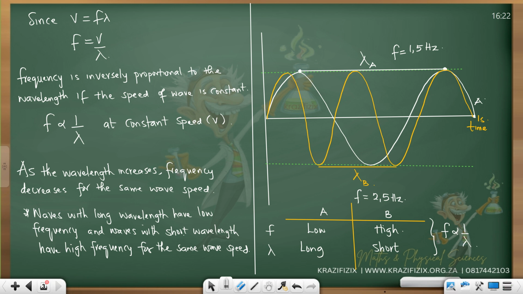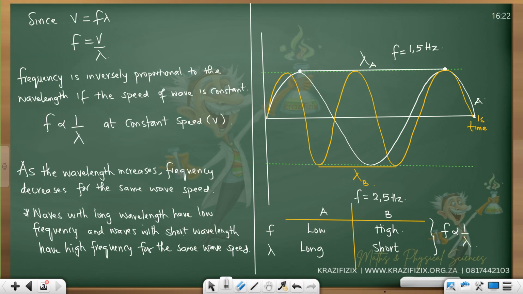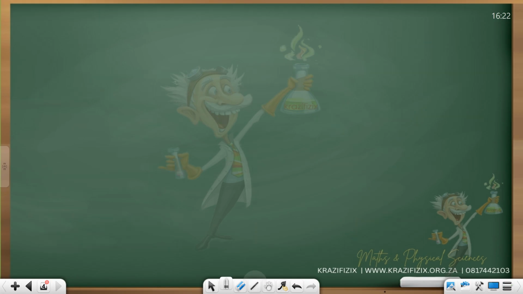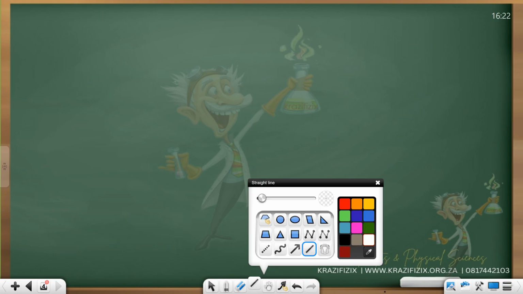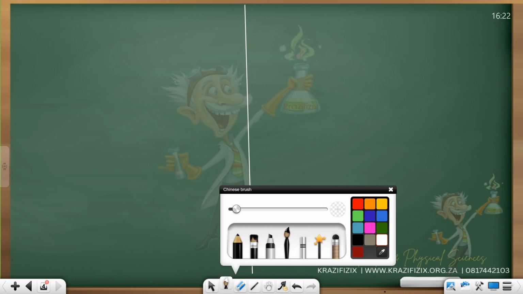We don't start with just Doppler, it will not make sense. First, we start by going through frequency, period, wavelength, wave speed. We look at the relationship. Remember, the speed must be constant. Now, we can then look at the concept of Doppler.